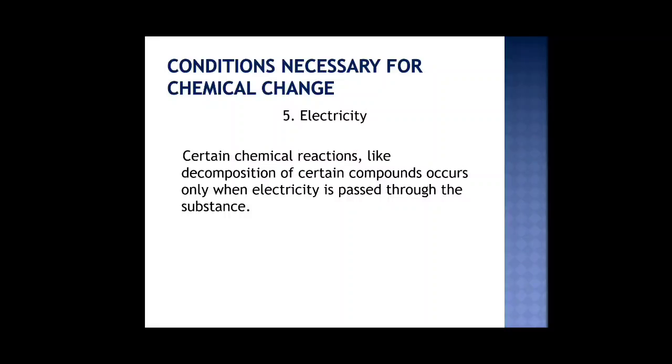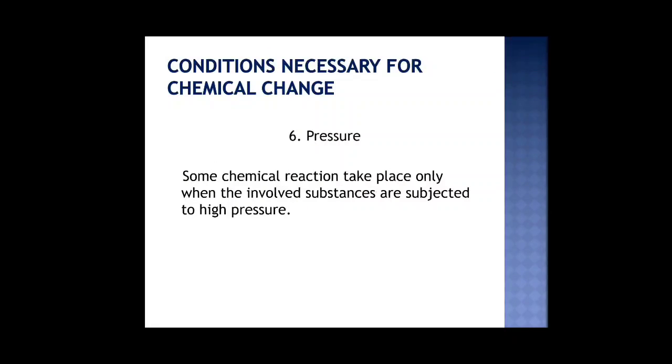Now let's see the next condition, and the next condition is pressure. Some chemical reactions take place only when the involved substances are subjected to high pressure. Mostly these are reactions in which gases are taking part. The molecules of gases are far apart from each other, so naturally you need to bring the particles close to each other so that they collide with each other.